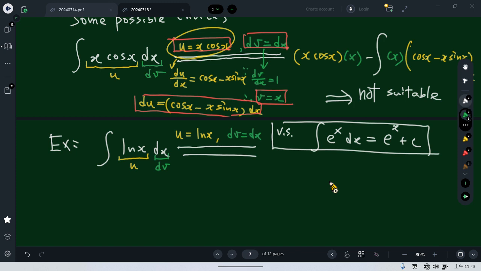Through this, we can immediately get du over dx is equal to 1 over x, so that du is equal to 1 over x dx. Okay? Then, four elements. In principle, you must find u, v, du, and dv. Since dv over dx is equal to 1, we get v is x.